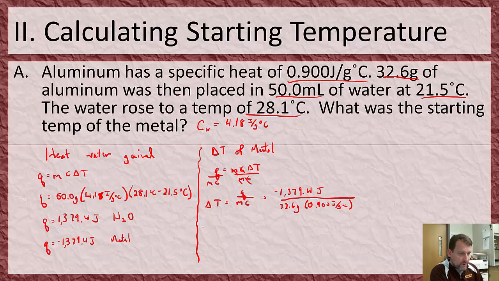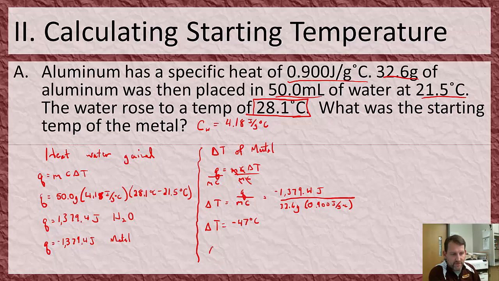So when we do this work, we get a change in temperature here of negative 47 degrees Celsius. And at first you might say, oh my gosh, that sounds crazy. A negative temperature, it can't be cold. This is a change in temperature, which means the temperature of the metal decreased by 47 degrees. So really what we're looking for is a temperature that's 47 degrees hotter than where it ended up.